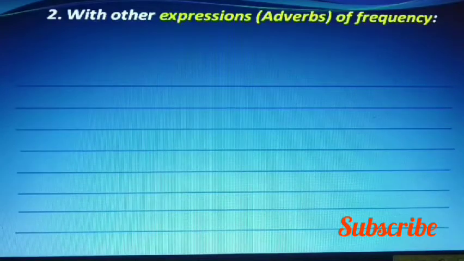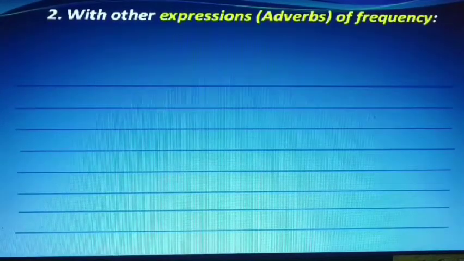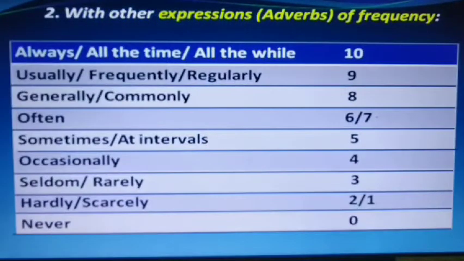Next, look at this chart. With other expressions or adverbs, single word adverbs which indicate frequency. Which are these? Look at this. Always, all the time, all the while. These expressions indicate that one action is done 10 out of 10 times. Usually, frequently, regularly, 9 out of 10 times.